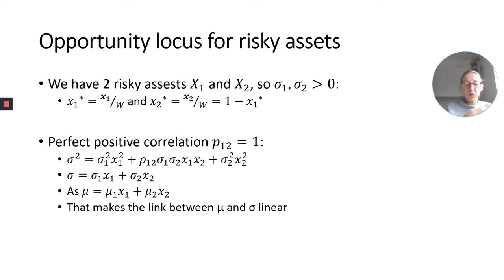So how the choice is made is usually explained by analyzing an investment portfolio out of risky assets. And let's say now that both of the assets, X1 and X2, in the portfolio are risky, and so their variance is more than zero.